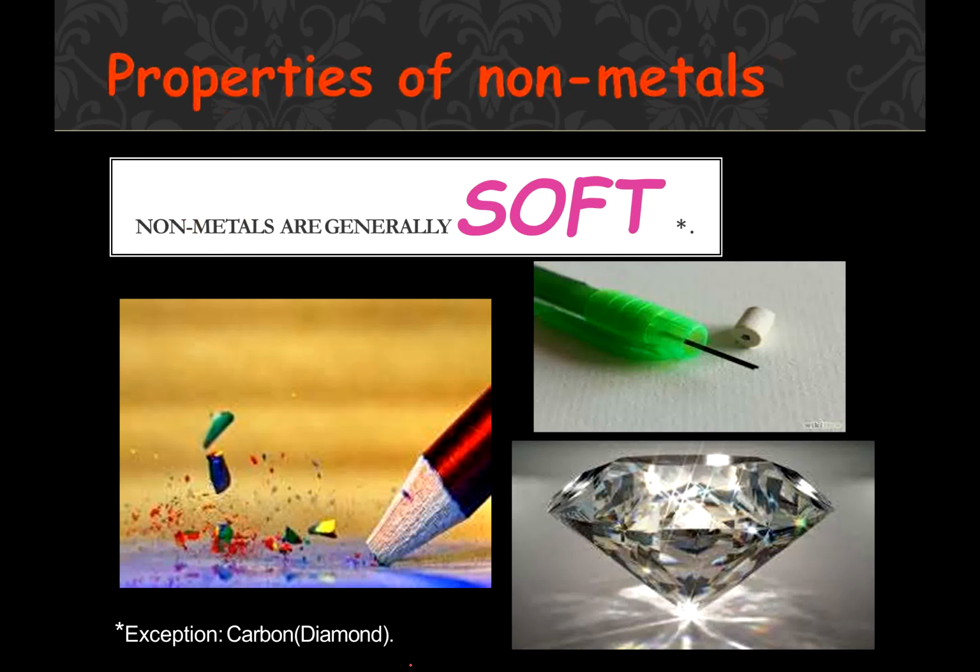Whereas non-metals are generally soft. Think of the pencil lead. You can break it very easily. But there is an exception, carbon, which exists in the form of diamond and graphite both. The diamond form of carbon is very hard. You know, diamond is the hardest substance. So non-metals are generally soft, but there are exceptions too.